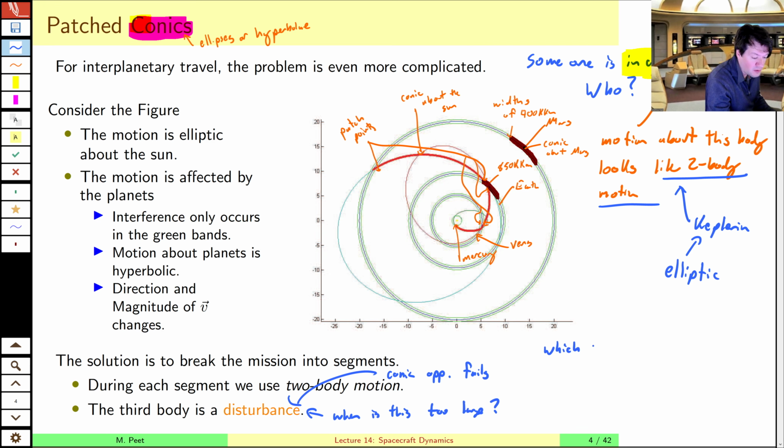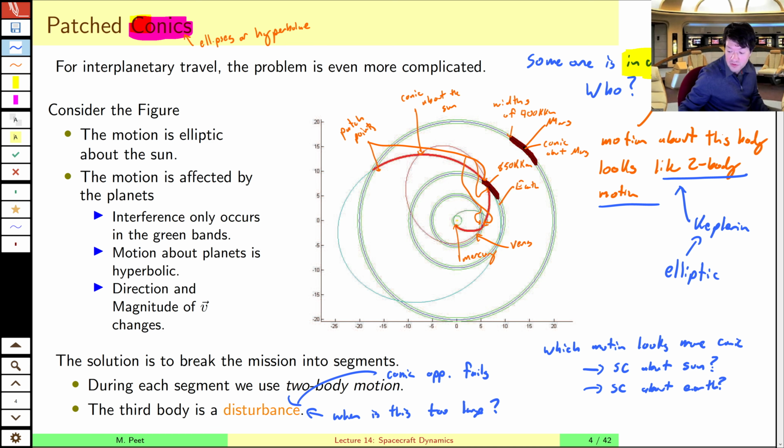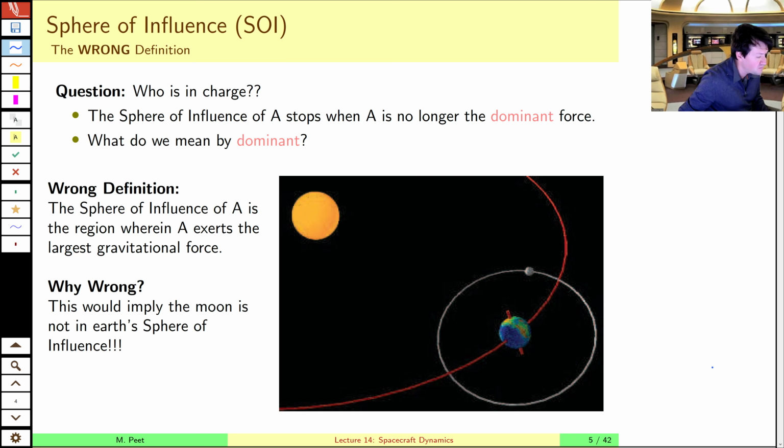So which motion looks more conic, the spacecraft around the sun, for example, or the spacecraft about the Earth? So that's the sphere of influence. That's what the sphere of influence means. Okay. So who's in charge?